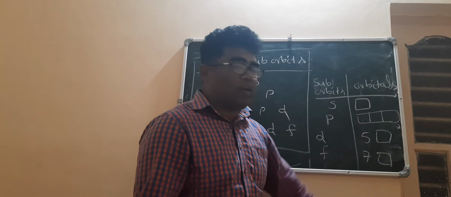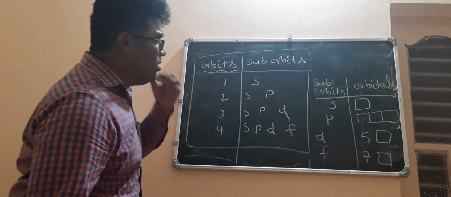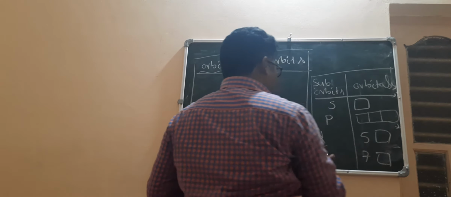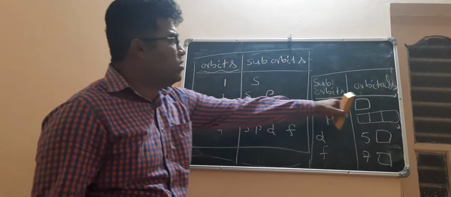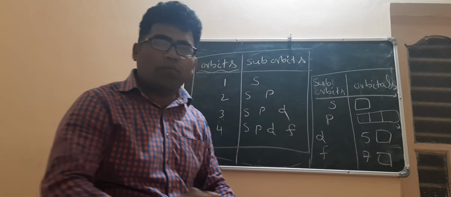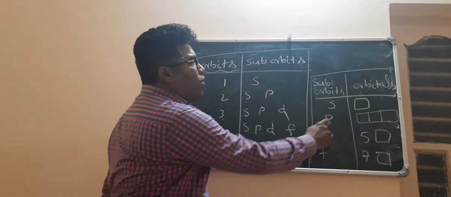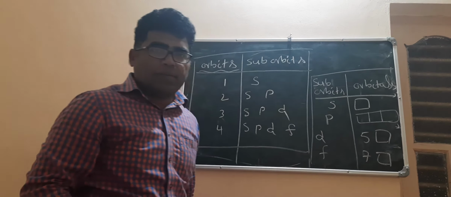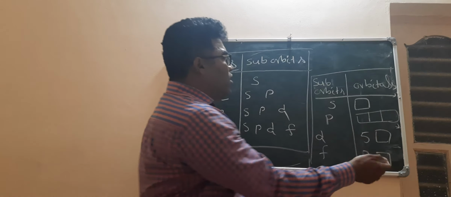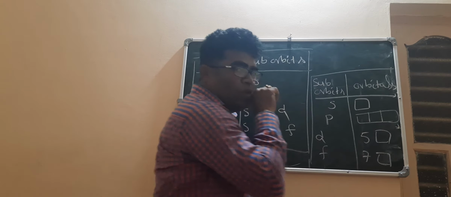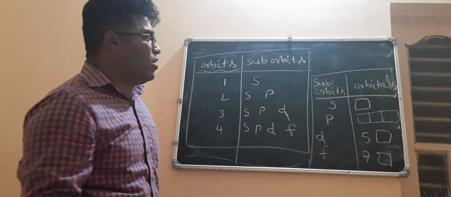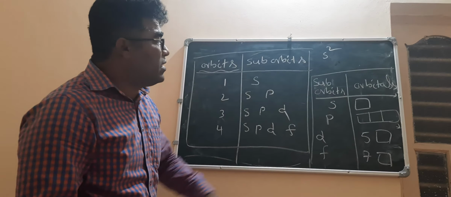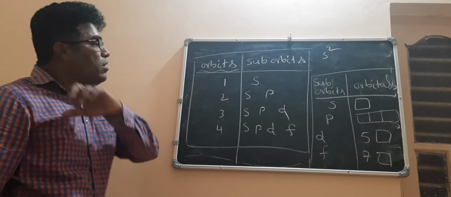Each orbital contains 2 electrons. Suppose this box or this box, any box. In the p suborbit, how many orbitals are there? 3. So each box contains 2 electrons. The maximum number of electrons in the s suborbit is 2.